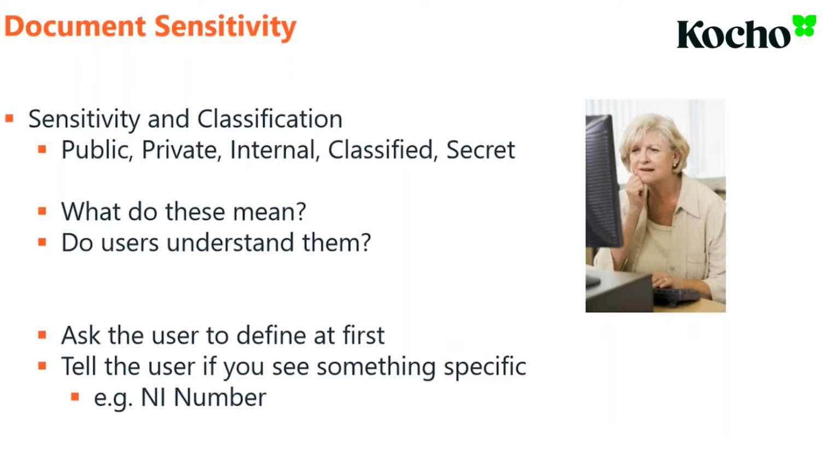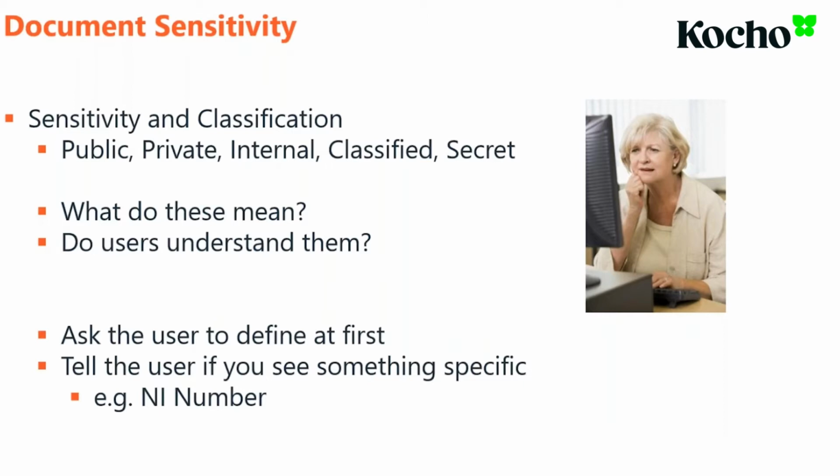Now, we can help them with this. So, for example, if we see a piece of text in a Word document or a spreadsheet, which is 2 alpha characters, followed by 6 numeric characters, followed by a single alpha character, that's probably a national insurance number. And if you're putting a national insurance number into a document, it's probably going to be private or classified, or maybe HR.